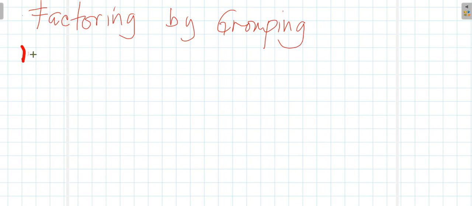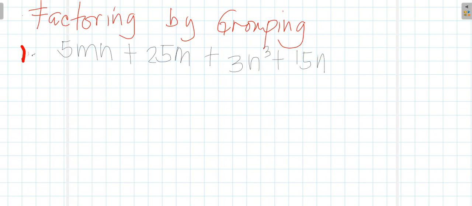Okay, so we have here, for example, 5mn plus 25m plus 3n cubed plus 15n squared.